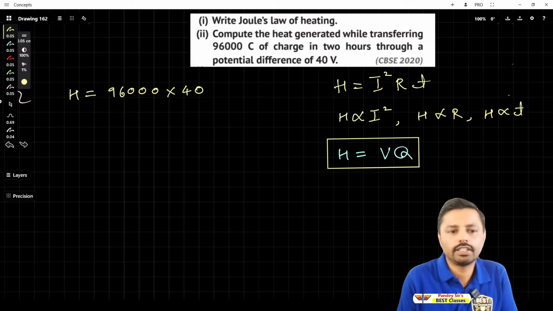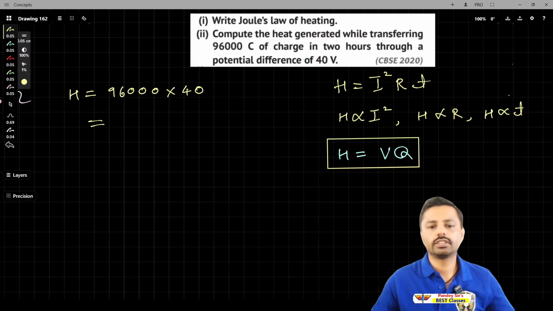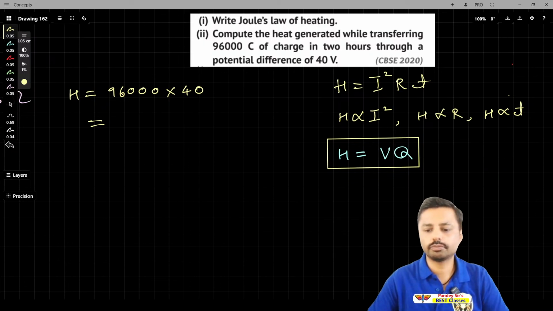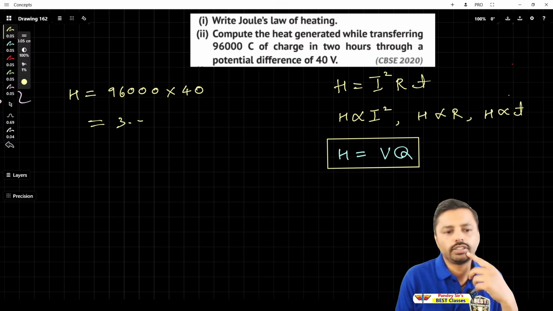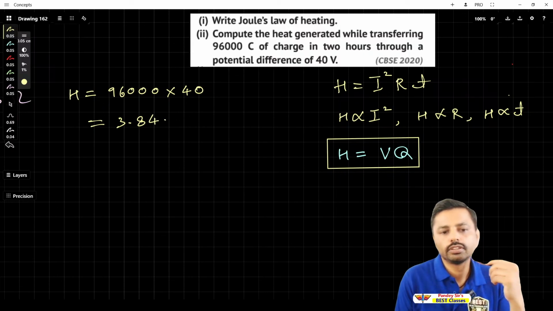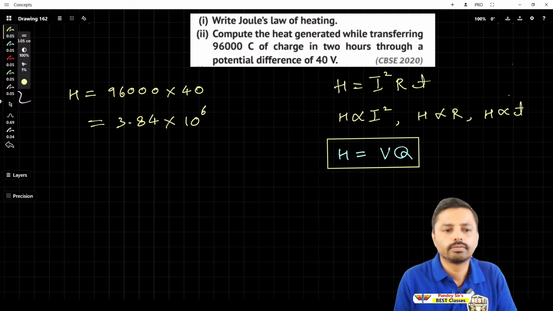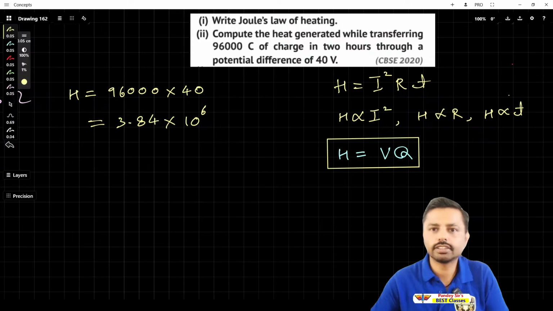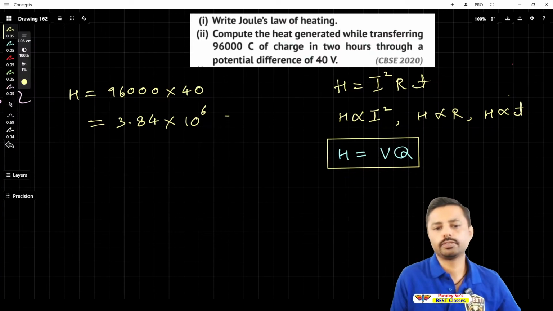V is 40 and Q is that. So 96, so it should be around 3 something. 3.84 into 10 to the power 6. Yeah, that's the answer. Yep, that's it. As easy as that. Joules.